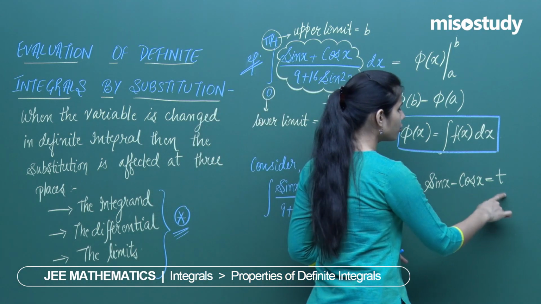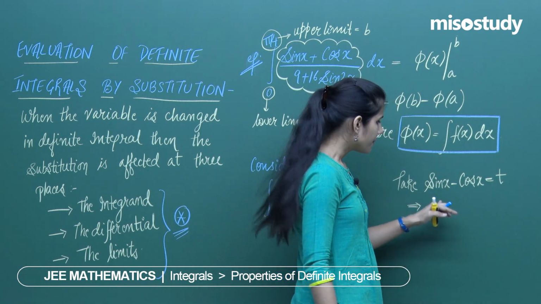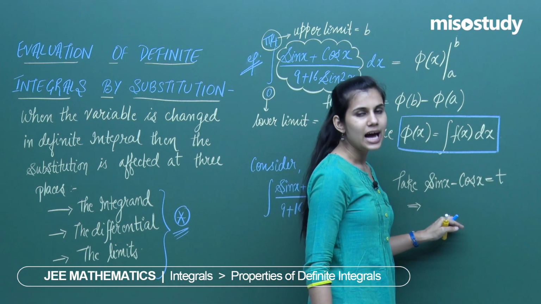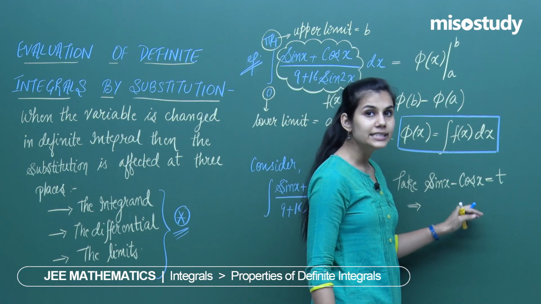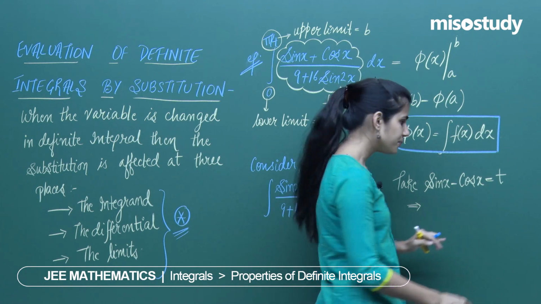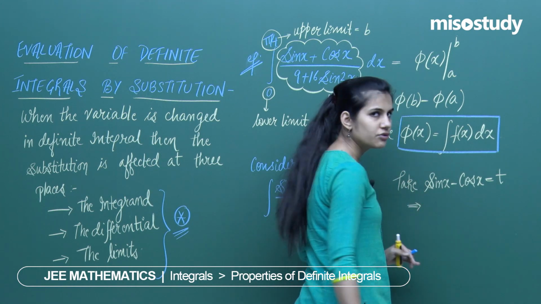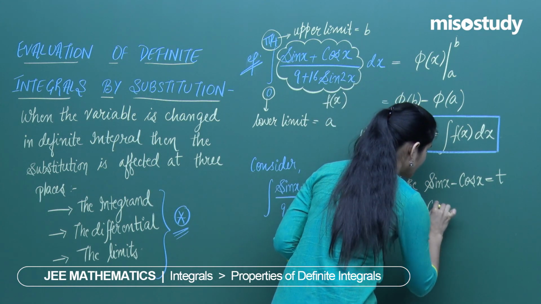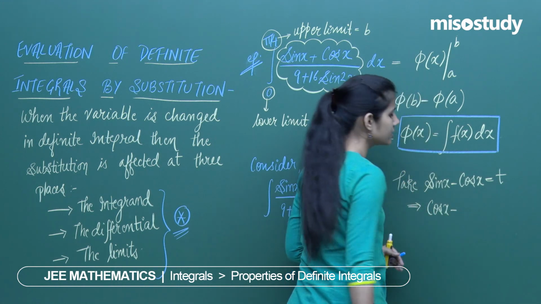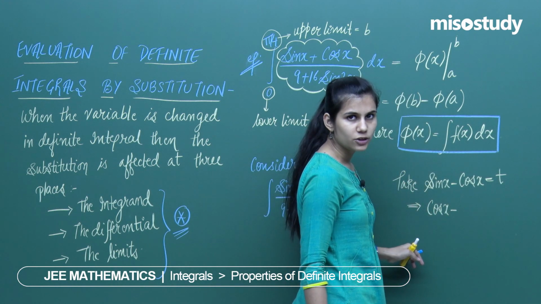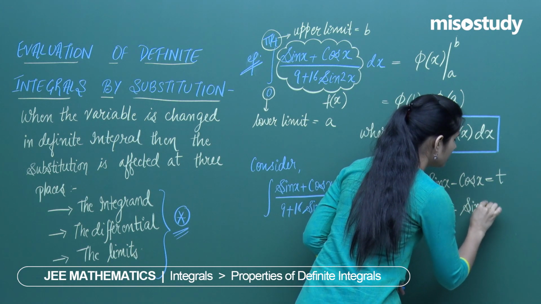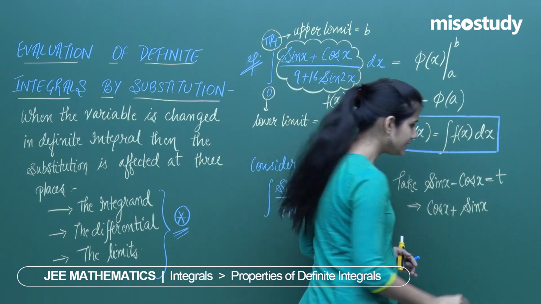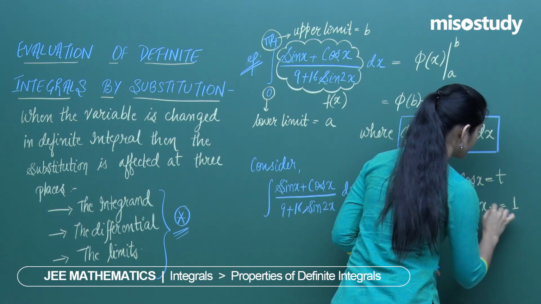So differentiate both sides with respect to t. Because here it's a function of x, I will be differentiating this with respect to x multiplied by dx by dt by the chain rule. Differentiate sin x with respect to x, you get cos x. Differentiate cos x with respect to x, you get minus sin x, into dx by dt equals 1.